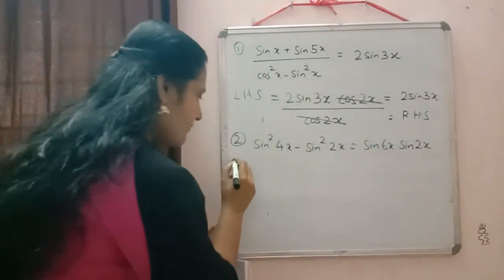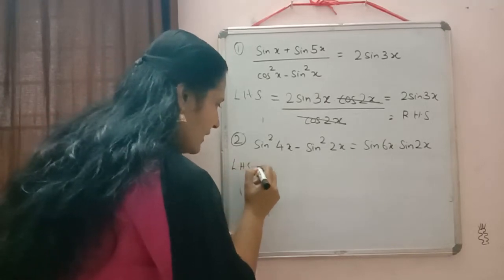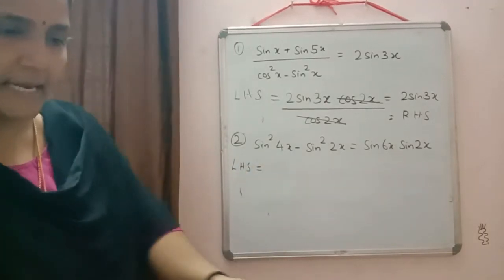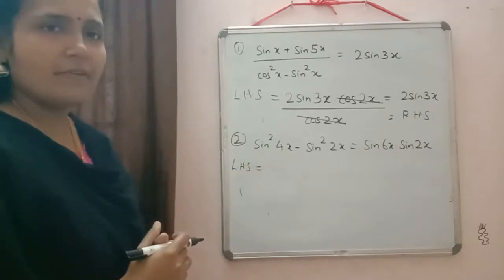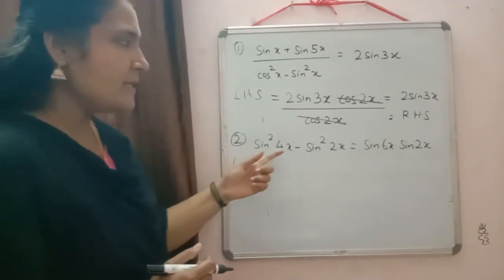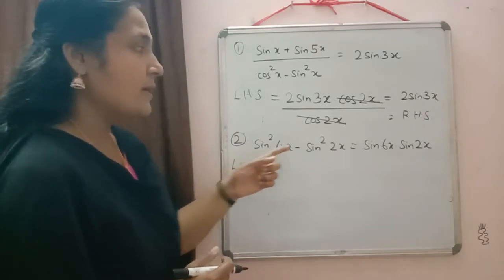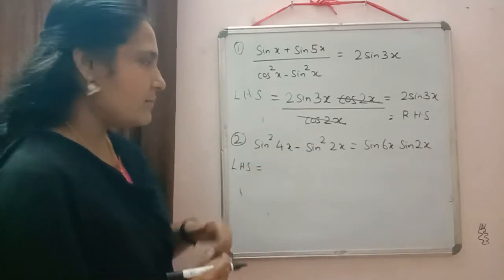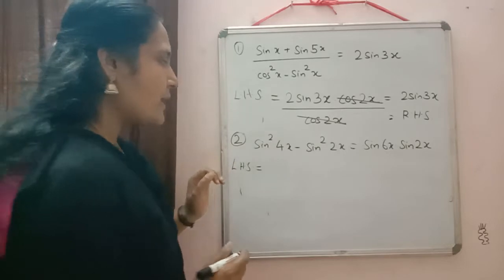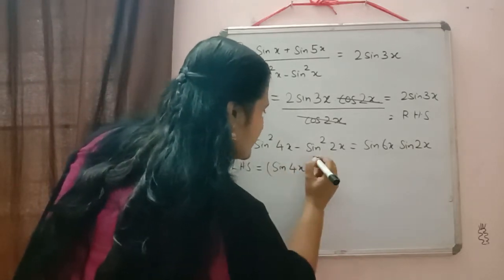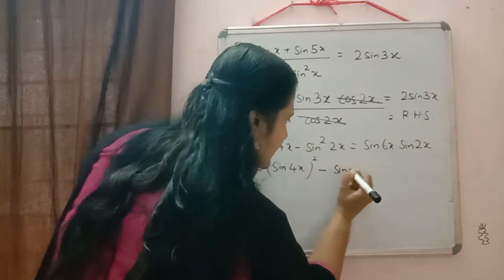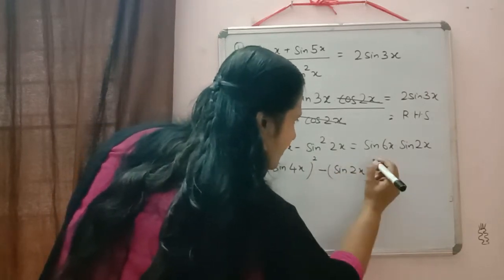So now we can simplify our left hand side. Left hand side, as you can check, it is in the form of square and it is in the form of difference also. So which identity we can use? A square minus b square, because sin square 4x means sin 4x the whole square minus sin 2x the whole square.